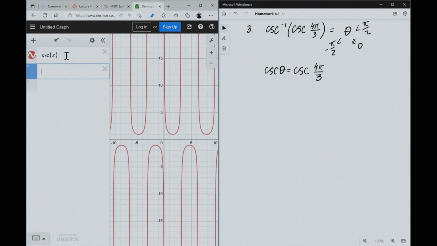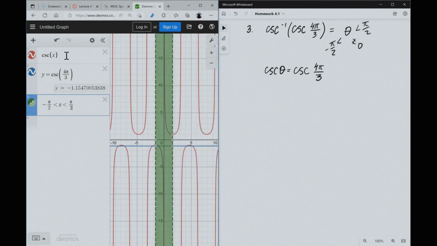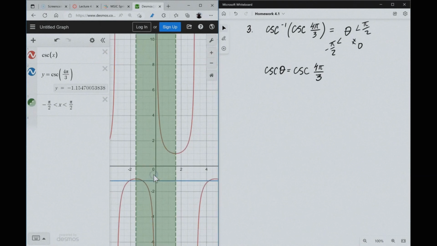We want the output to be equal to cosecant of 4 pi over 3. But we want our x to be between negative pi over 2 and pi over 2. So this is what we're doing. And the question is, for which value in this range the cosecant is equal to the cosecant of 4 pi over 3. And you can see that it's negative pi over 3. So this is the answer.